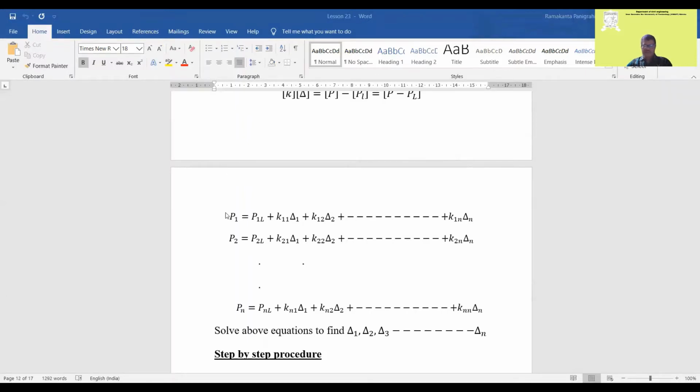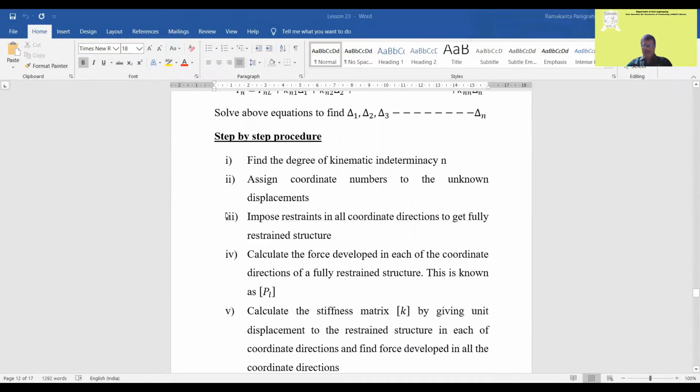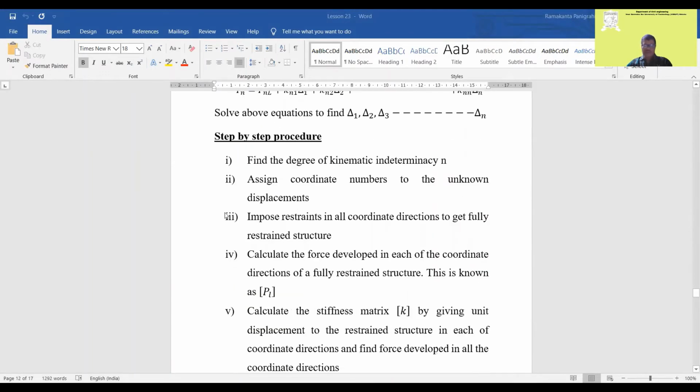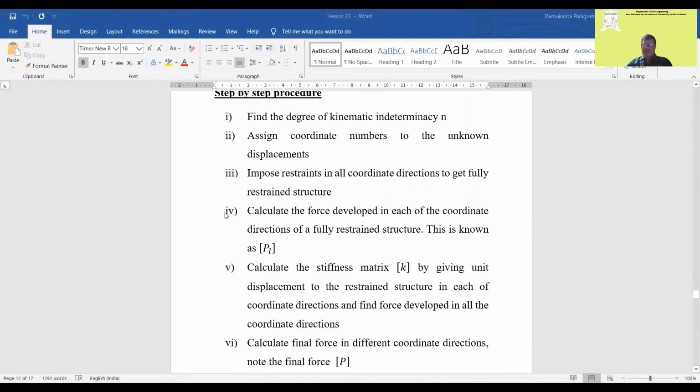Now let us go to the step by step procedure. If you have been asked to solve a problem by the stiffness method, you will first find the degree of kinematic indeterminacy. Let it be n.